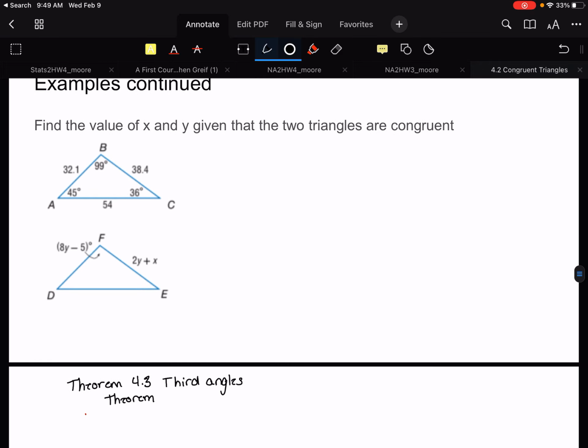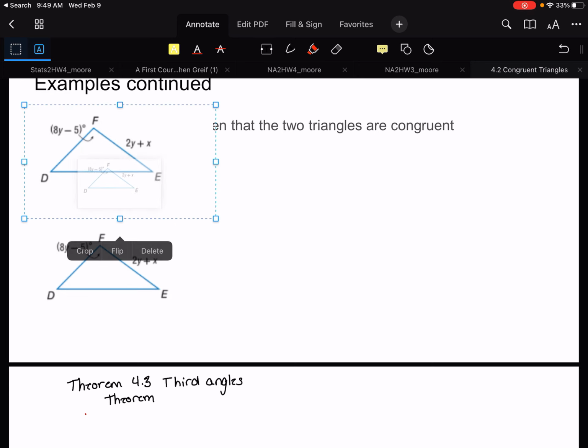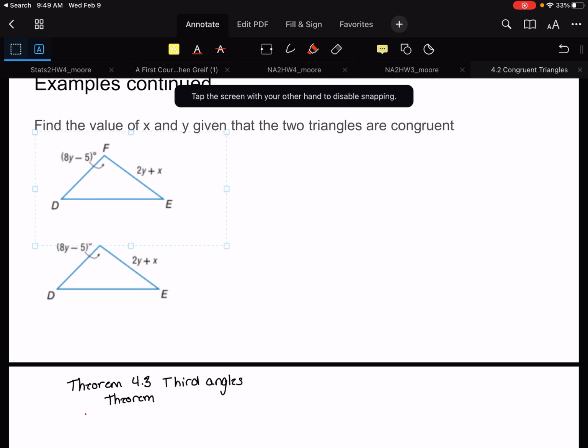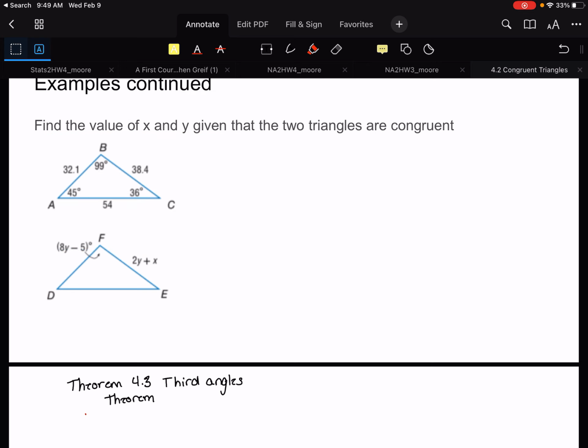So here, we are going to find the value of x and y given that these triangles are congruent. So we know they're congruent to each other. If I was to pick up this triangle here and place it right on top, it would match up.